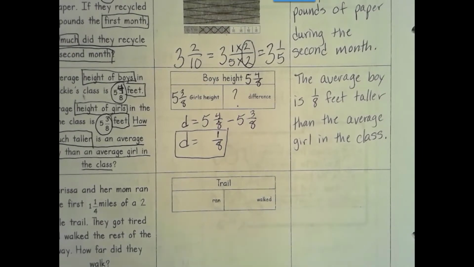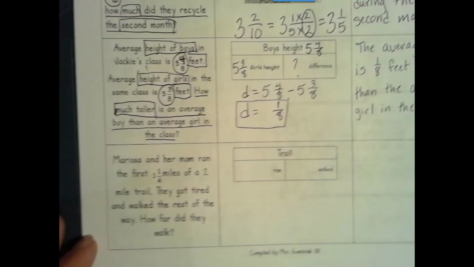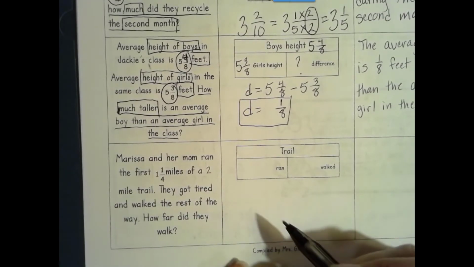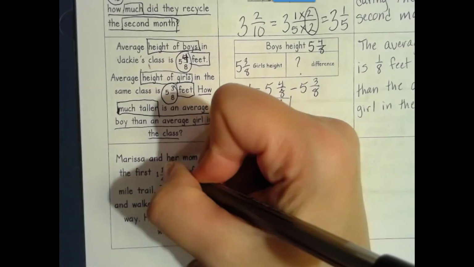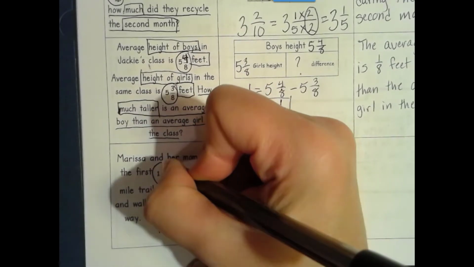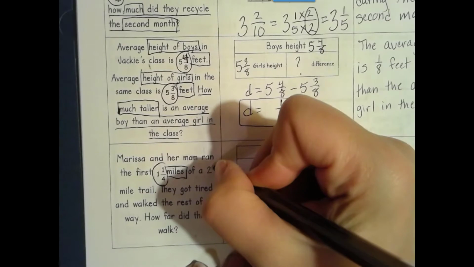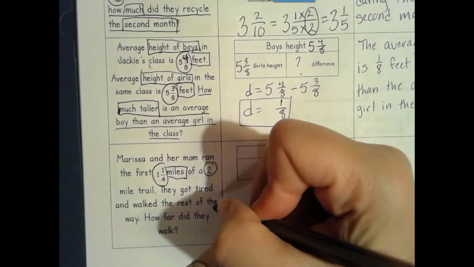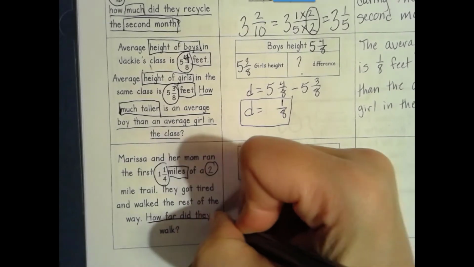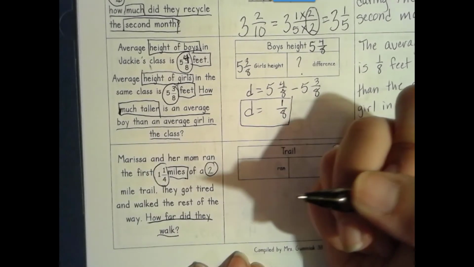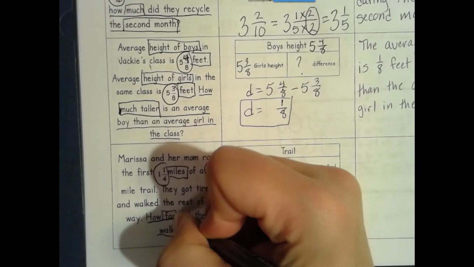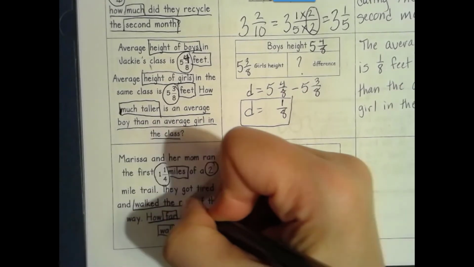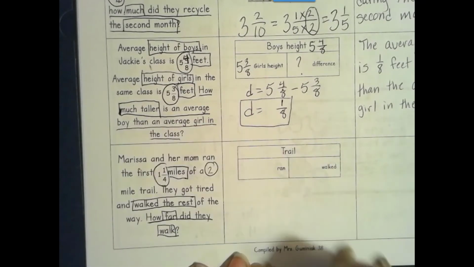All right, our last problem here. Marissa and her mom ran the first 1 1/4 miles of a 2-mile trail. They got tired and walked the rest of the way. How far did they walk? So we want to know how far did they walk, because they walked the rest of the way.